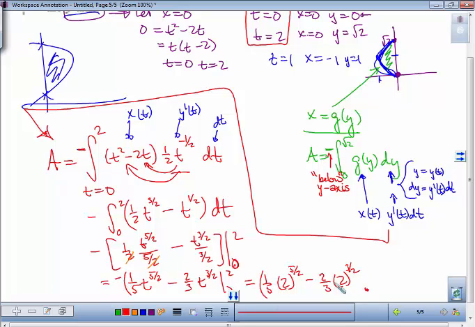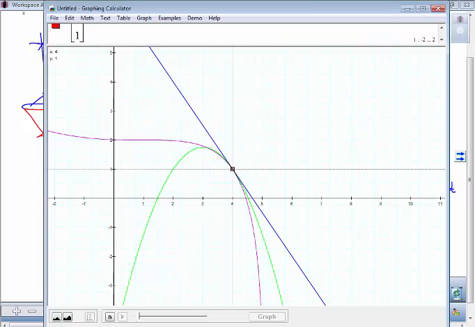Right here. Should be. Well, let's make sure. This value here should be positive, right? Let's see. Which calculator to use? I'll use this calculator.